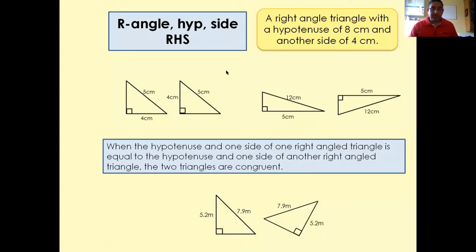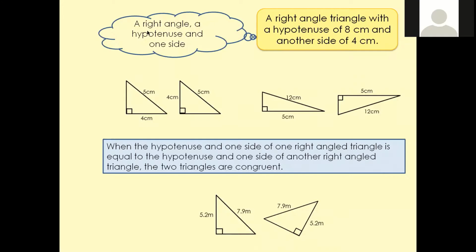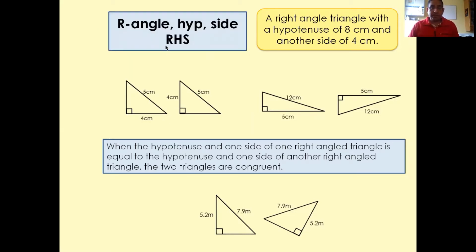Very important, guys. If they give you a right angle, the corresponding right angles are equal, the hypotenuses are equal, and one of the sides is equal, then the rule we're going to use is RHS.